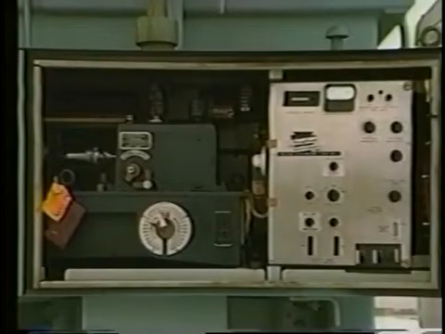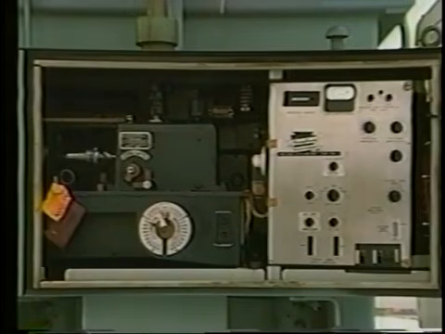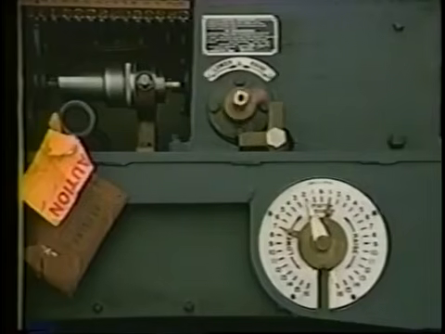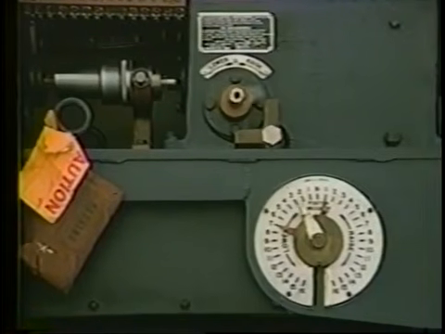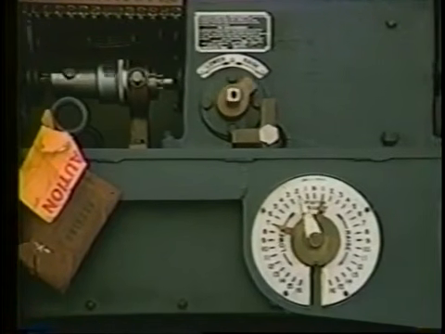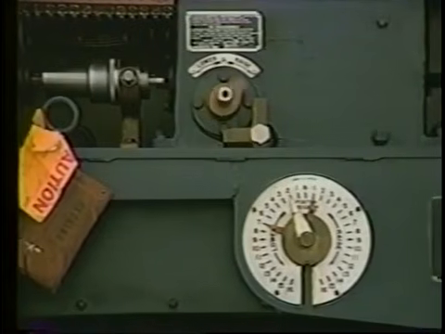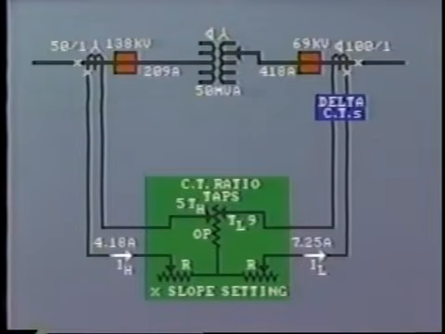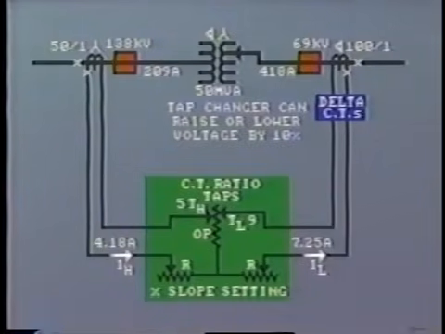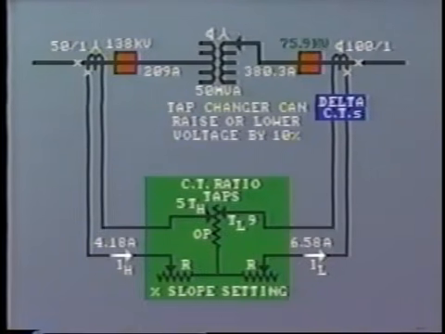When the transformer has load tap changing, the voltage ratio across the transformer can change, and with it, the percentage mismatch. The CT ratio selection should be made with the tap changer in the mid position. Suppose in our previous example, the tap changer could raise or lower the secondary voltage by 10%. On the upper tap, that would be 75.9 kV.